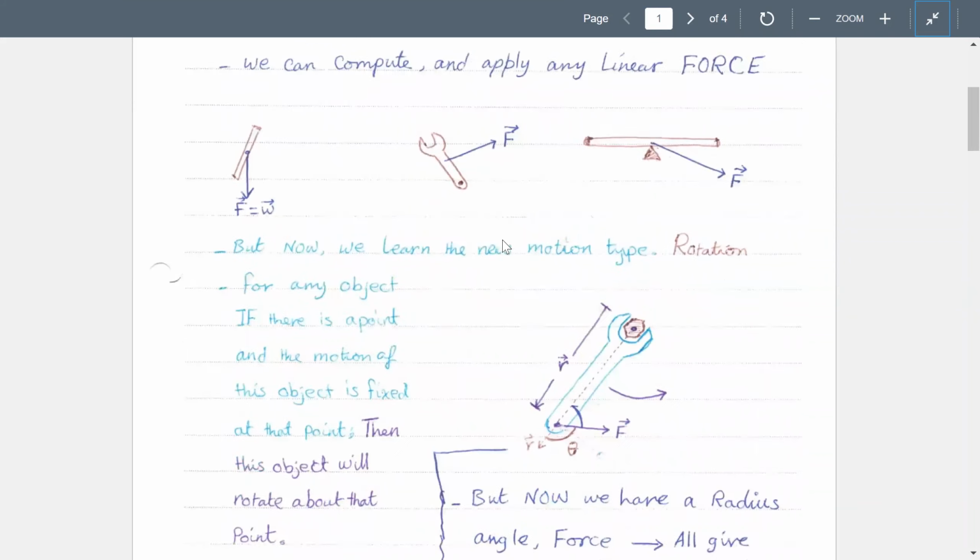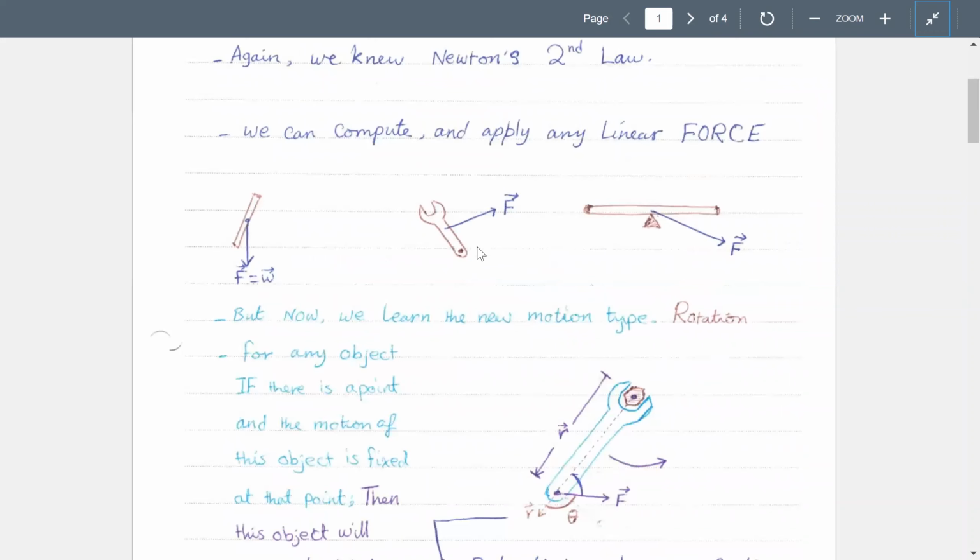From before, we know that if we apply a force on any object, we can move this object to the left, to the right, to the top, and this force will move all of the object, and it will not rotate that object. If we need to move this tool from here to here, we just need to apply a force, then it will be moved from here to here by this force.